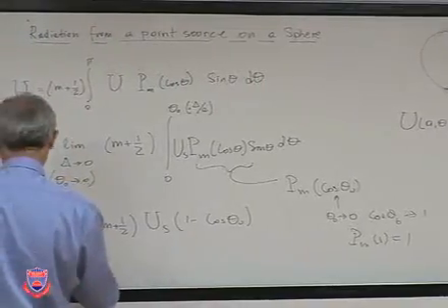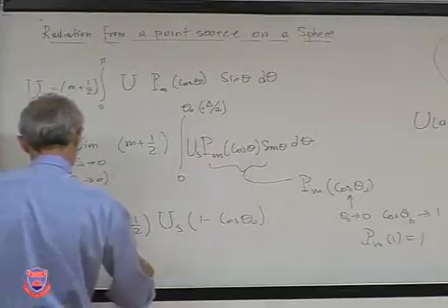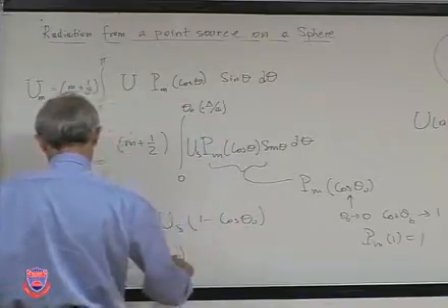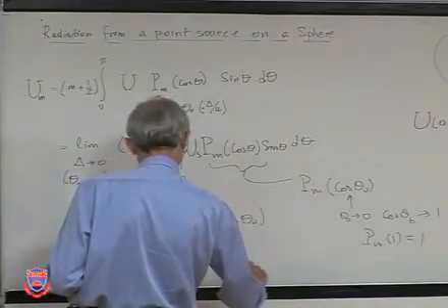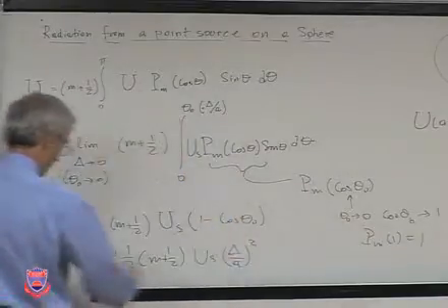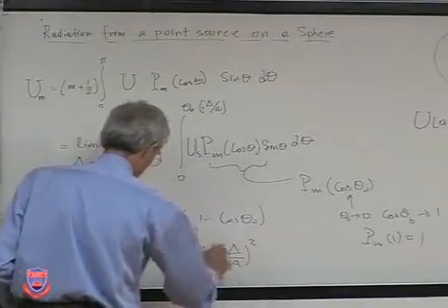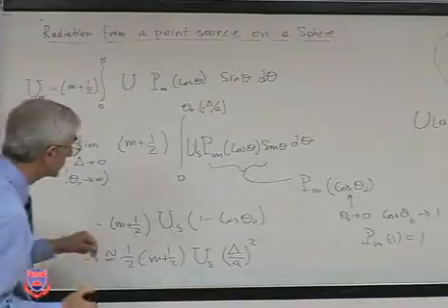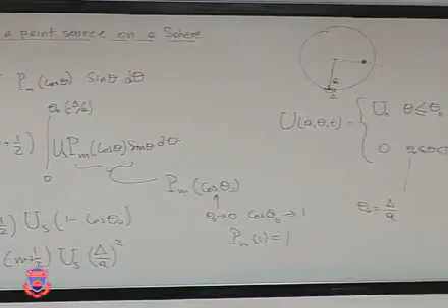So finally we say yes, theta 0 squared. This is sub s. Those are the coefficients of Legendre functions that represent a point source on a sphere.